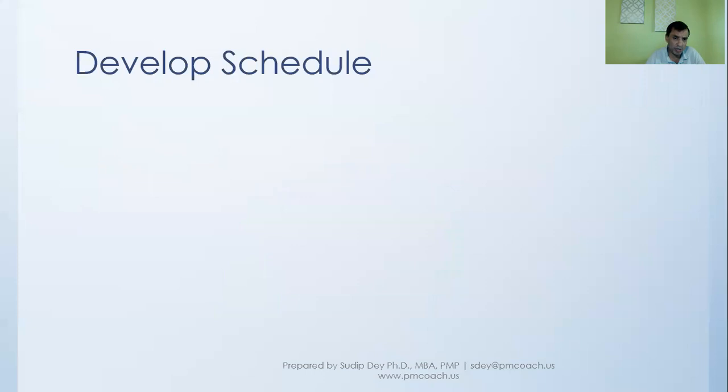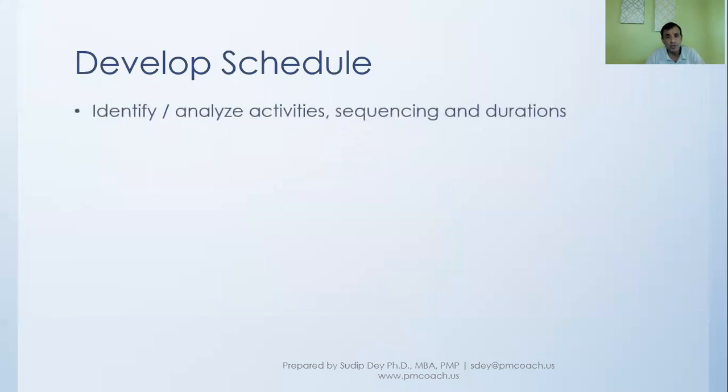So develop schedule. When you're developing schedule, let's step back and think for a moment what we have in our hand. Now what we have is all the activities that will be required in the project. What we have in our hand is how they sequence, what comes first, what comes next, and so on.